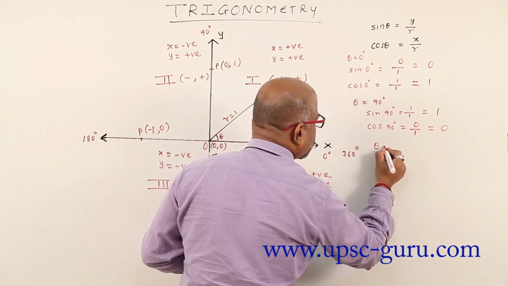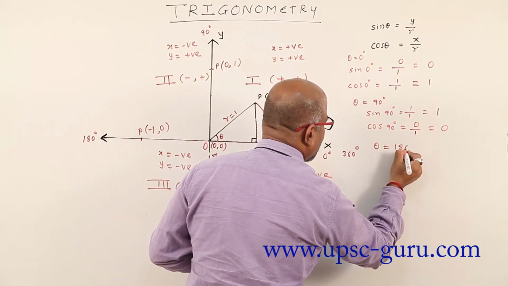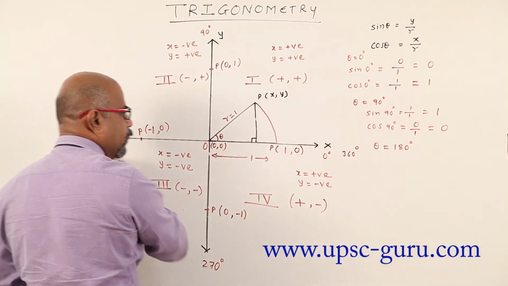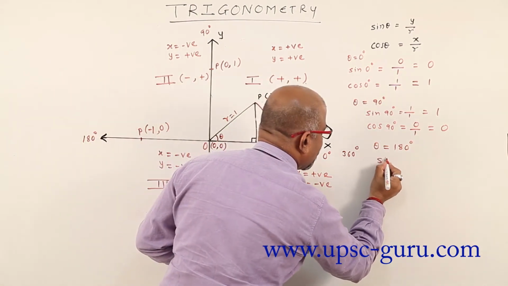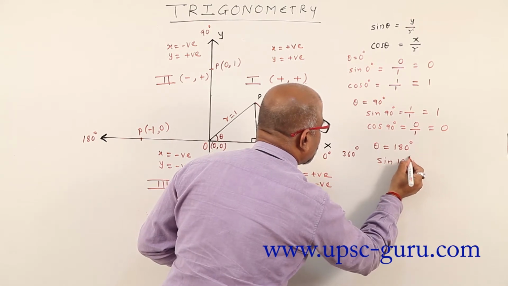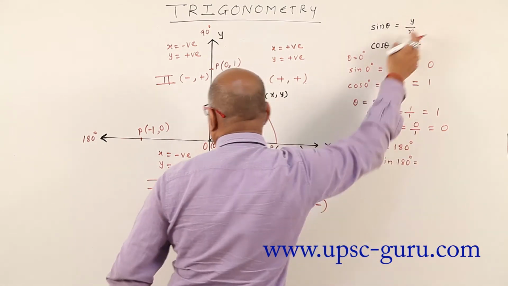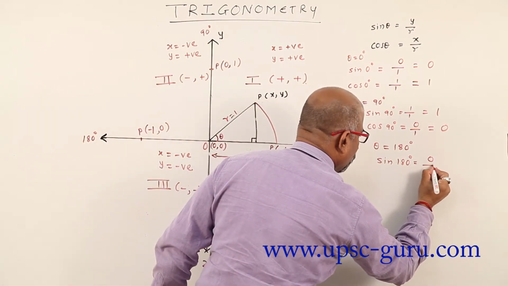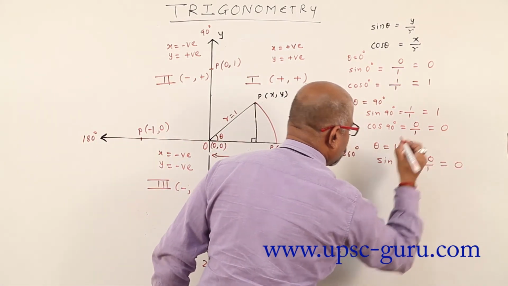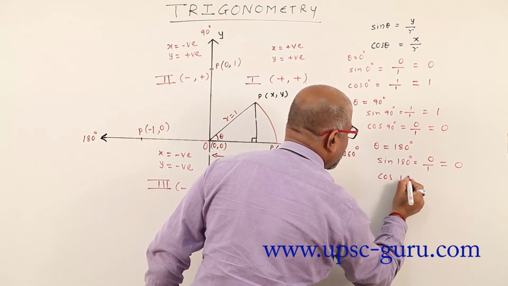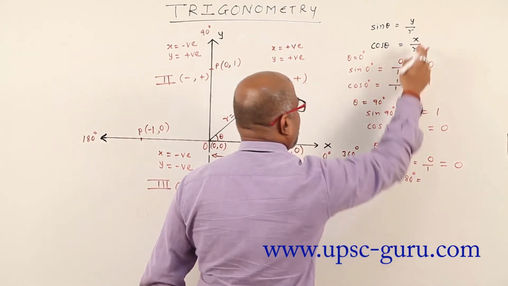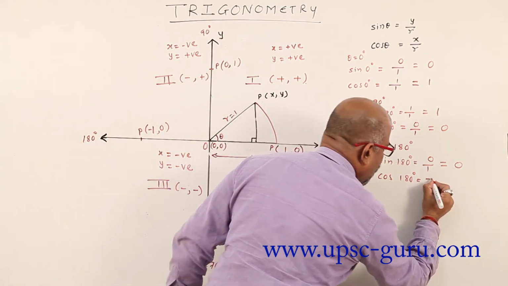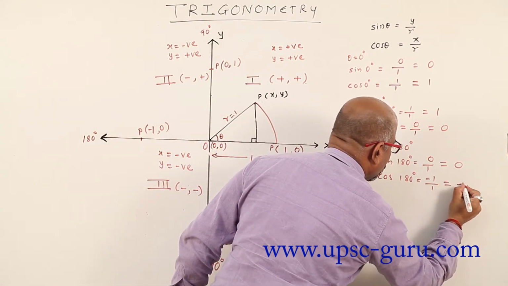Then when theta is on the negative direction of the x-axis, that is theta equals 180 degree, what do we get? Sin 180 degree equals y upon r, y is 0, r is always 1, answer is 0. Then cos 180 degree, x upon r, x is minus 1, r is always 1, we get minus 1.